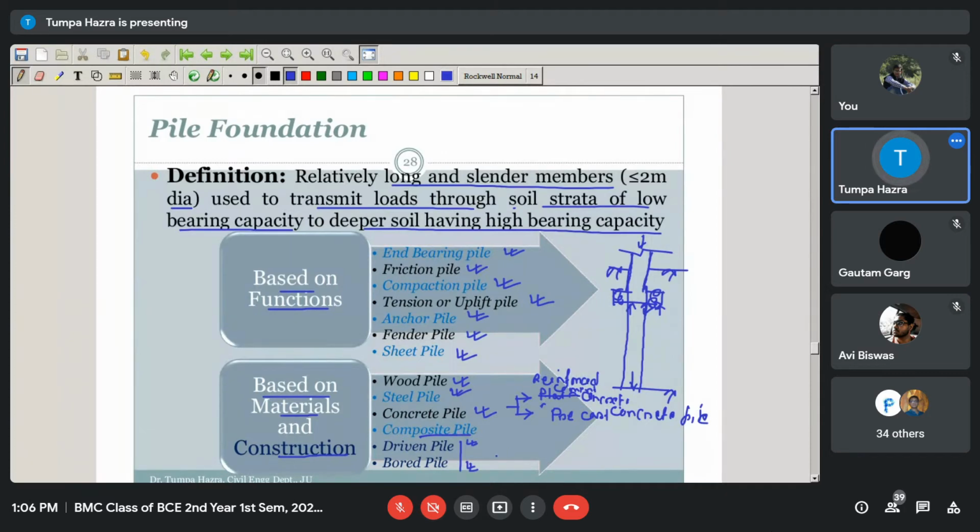And both the driven pile and bored piles are classified in two groups. One is cast in situ pile or precast pile.